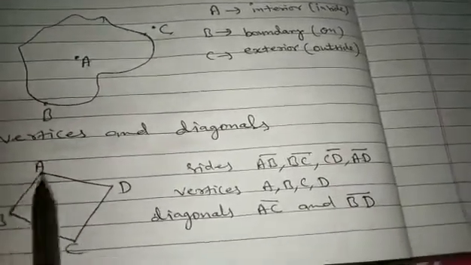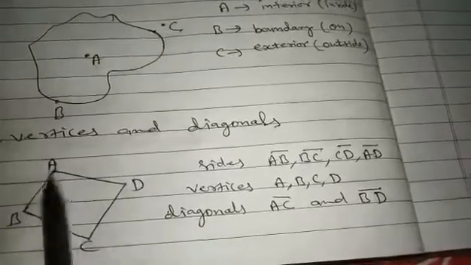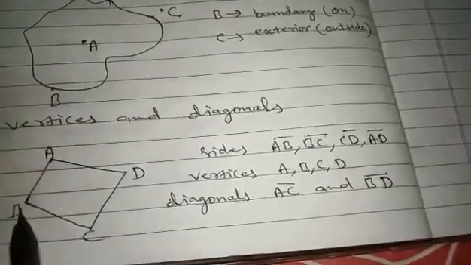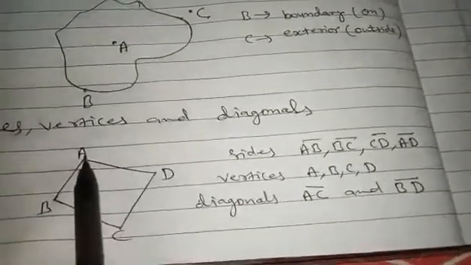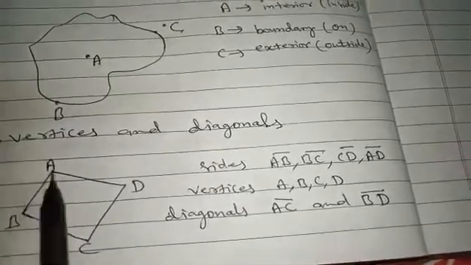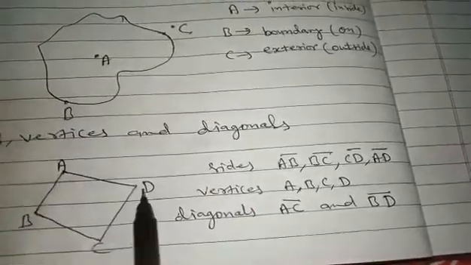Sides are the line segments joining any two adjacent vertices. What are vertices? A, B, C, D are vertices. When two line segments meet at a point, a vertex is formed. A is a vertex since A is common to AB and AD. Similarly, B is a vertex, C is a vertex, D is a vertex.